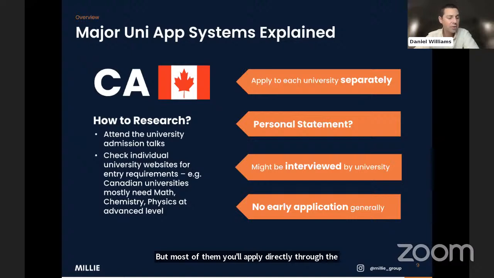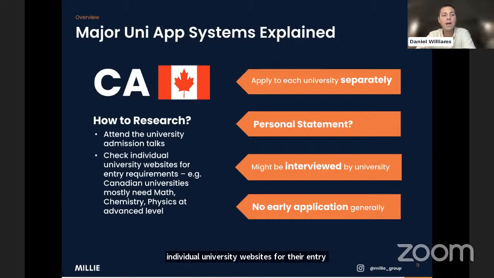Just like in America, you want to attend university admission talks, right, to show demonstrated interest, but also to figure out what's going on at the university and what are their strengths. So you can repeat that back to them in their essays if they have them. And also you should check the individual university websites for their entry requirements.